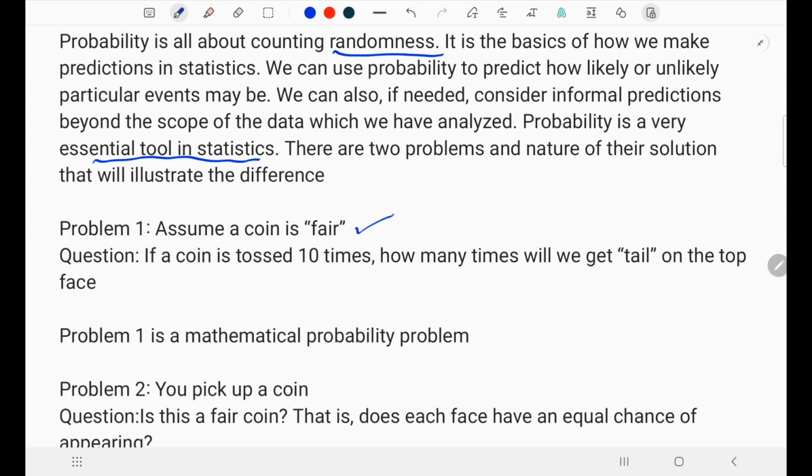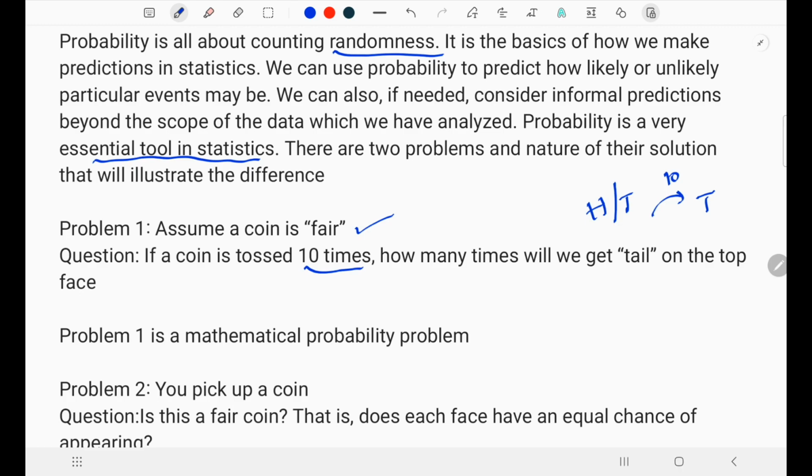Every time I toss, I may get a head or a tail in an equal distribution. If a coin is tossed 10 times, how many times will we get tail on top? I have a coin, and a coin has two faces, one is head, the second is tail. If I toss the coin 10 times, how many times can I get the tail? This is problem one.